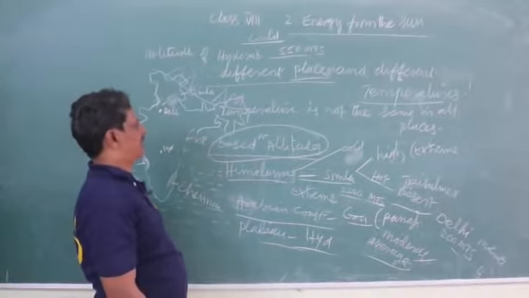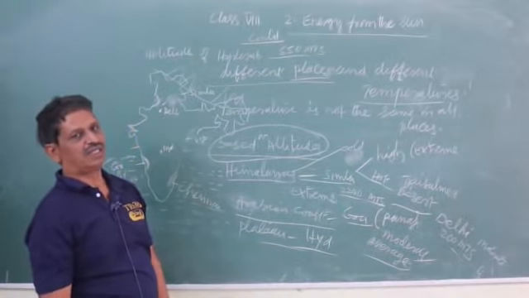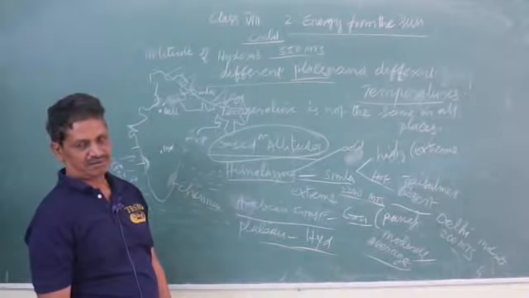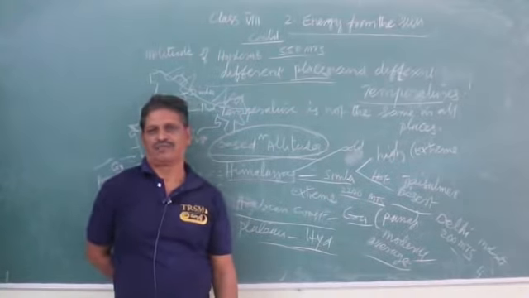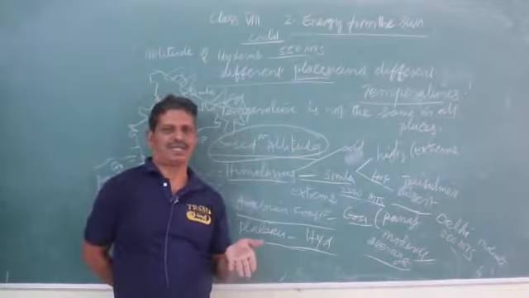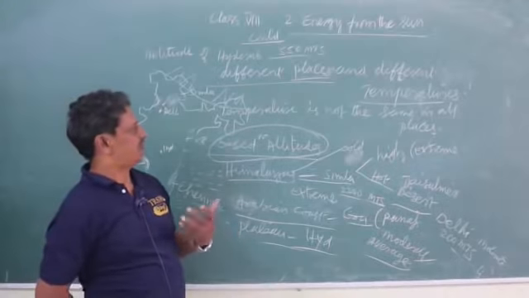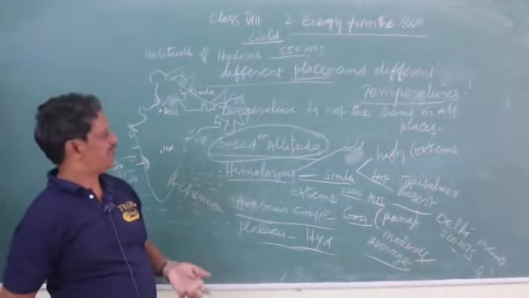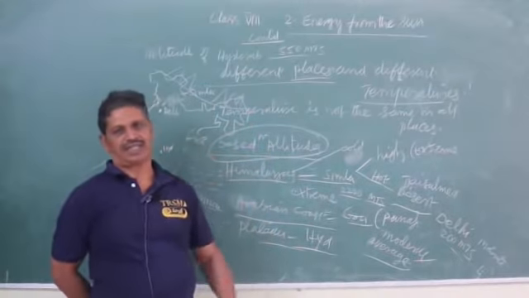Suppose in Vijayawada the temperature is 30, how much here? 27, because Hyderabad records 26 or 26.5. So this is the variation of temperature in different places.